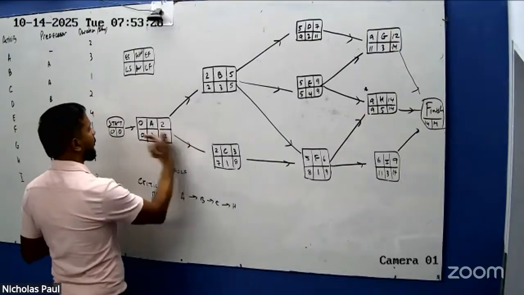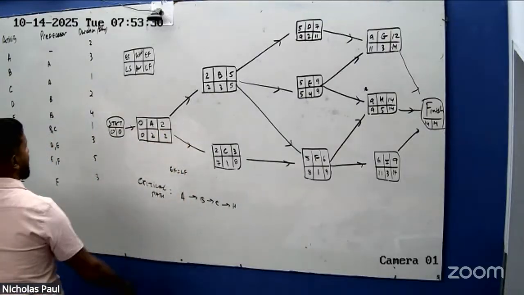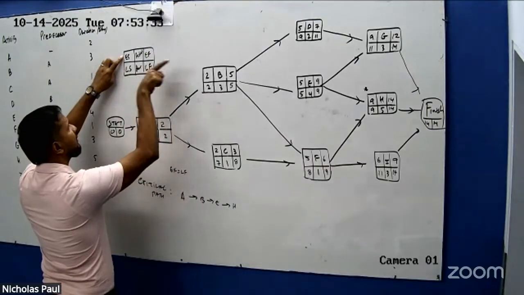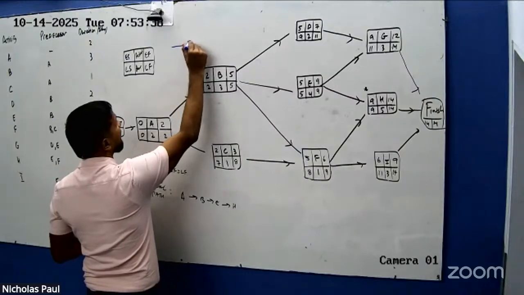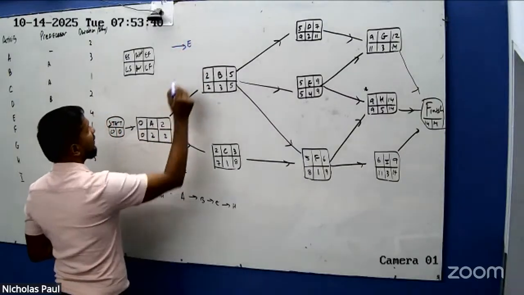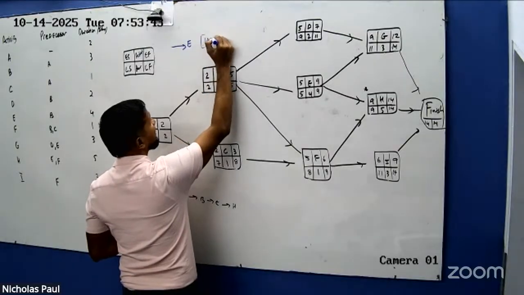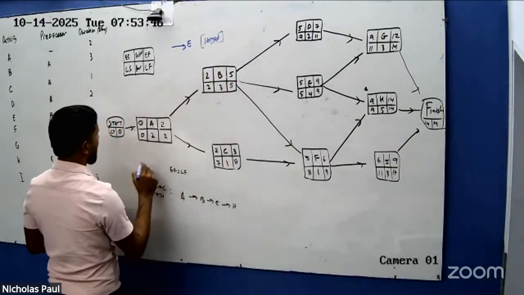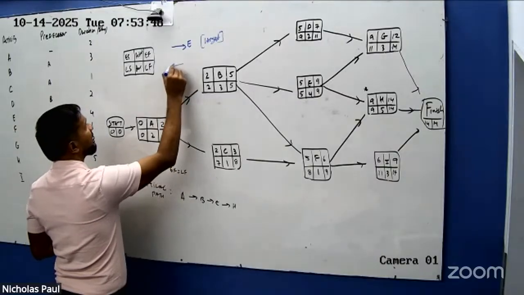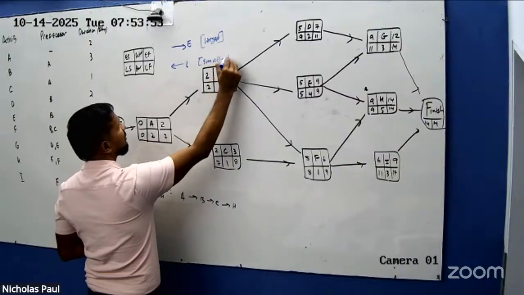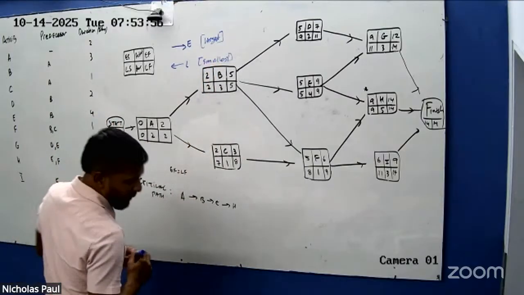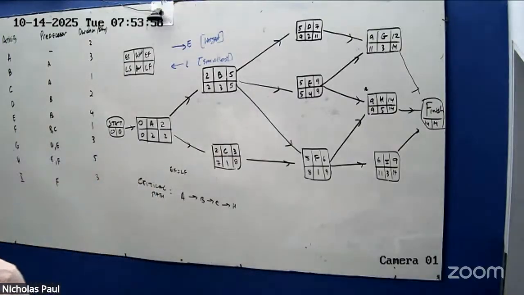Going the next way, we go this way. Right? So we figure out earliest whenever you're going this way, and note that we take the largest value, and I explained why. And then when we go in this way, we figure out the latest, and we take the smallest value. Okay? So copy this down. If anybody could, take a little picture and save it, right? I like this particular example.